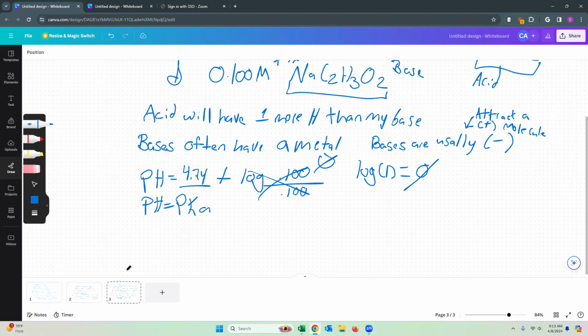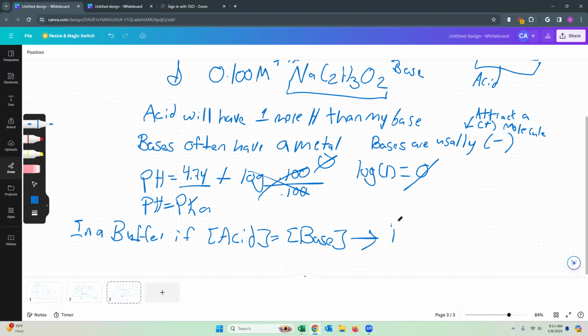What we saw is that in a buffer, if the concentration of your acid equals the concentration of your base, then the current pH you are at is equal to your pKa. The Henderson-Hasselbalch equation tells us that.